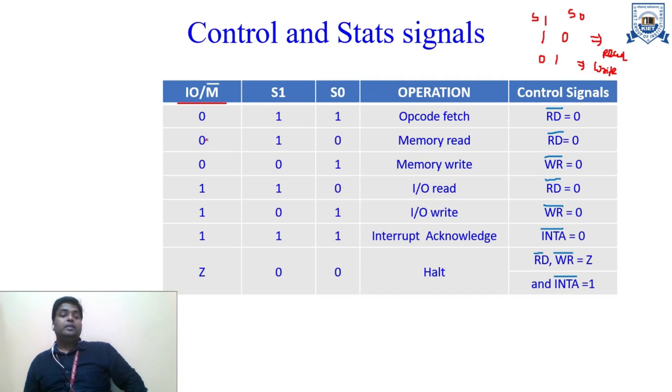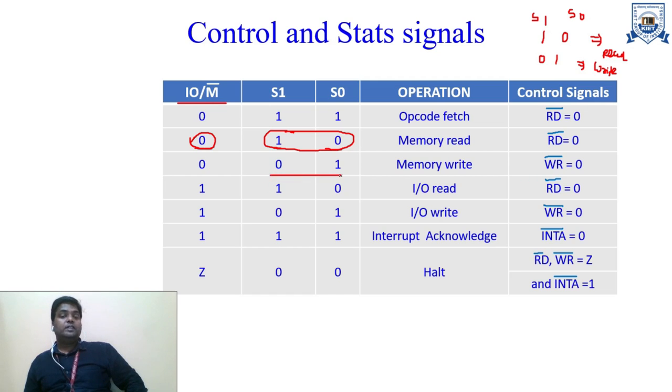So when this value is 0, S1 is 1, S0 is 0, that means it is your read operation. It is clear from these pins where it is performed. If it is 0, that means the read operation is performed through the memory.